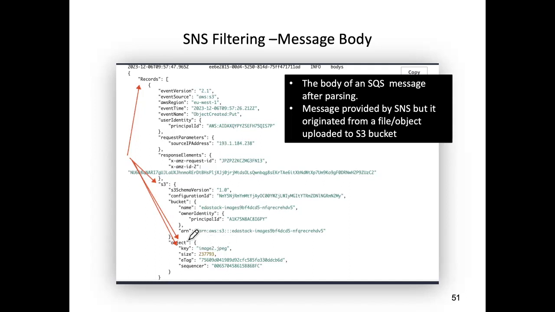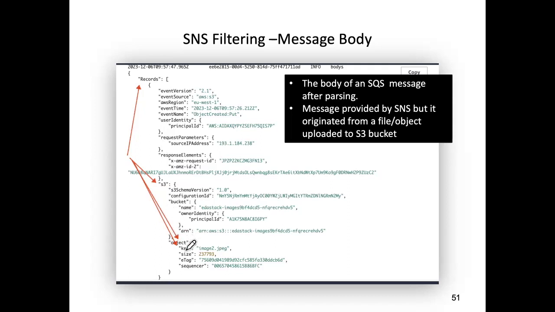We need to know the structure of this nested object, and we have to describe this structure in our subscription, because we have to essentially explain in our subscription where exactly it finds the particular part of the message that we're interested in.